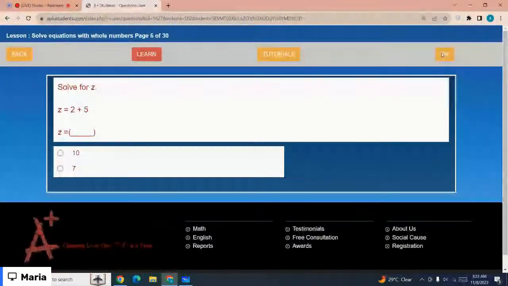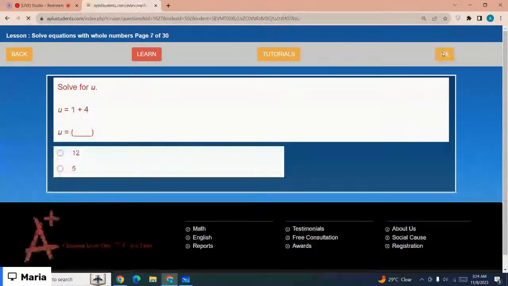So which is the correct option? Yes, that is 7. The correct option is 7. So many questions have the answer 10. I don't know why.